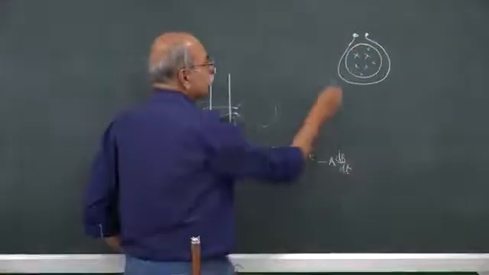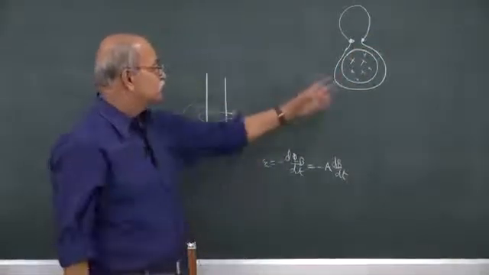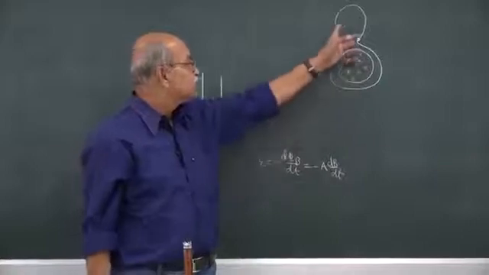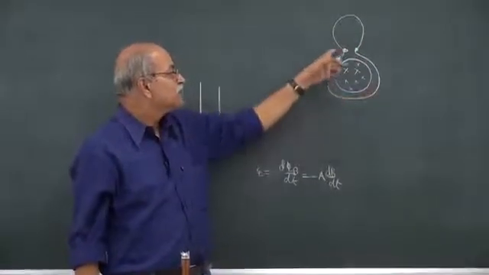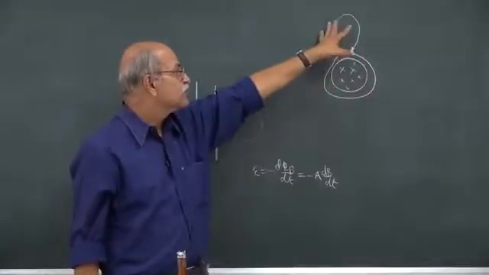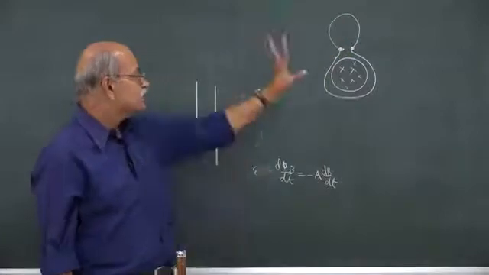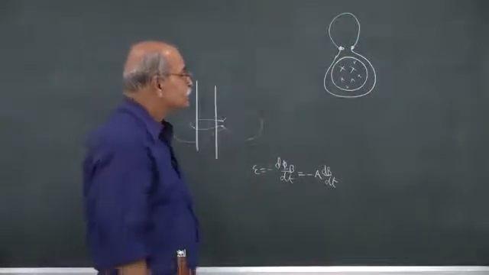Then I connect my circuit this way. This is one condition, and you can see that there is a flux change in this closed loop, and therefore you have an EMF, and that EMF is producing a small current, and the voltage is being read.